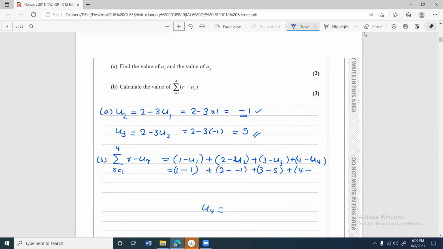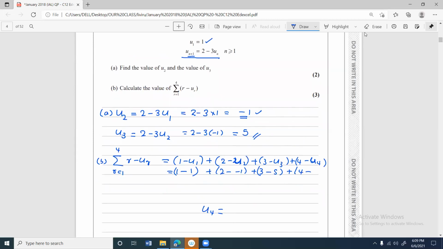If you use the same relationship, u4 is 2 minus 3 times u3, and u3 is 5. It turns out to be 2 minus 15, which is minus 13. Then 4 minus minus 13 is 17. With this you can say 1 minus 1 is 0, plus 3, minus 2, plus 17.